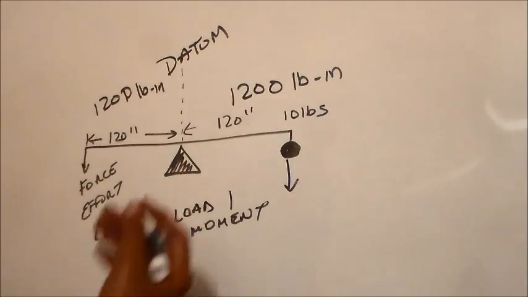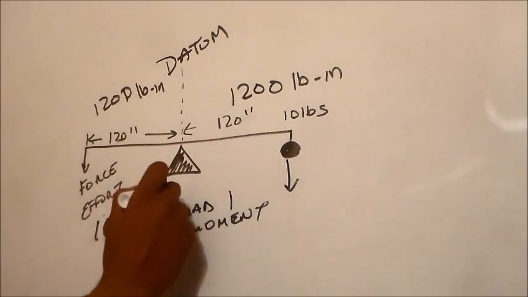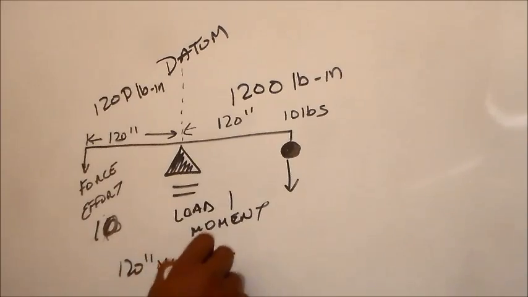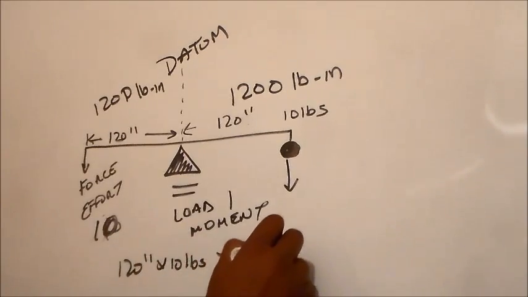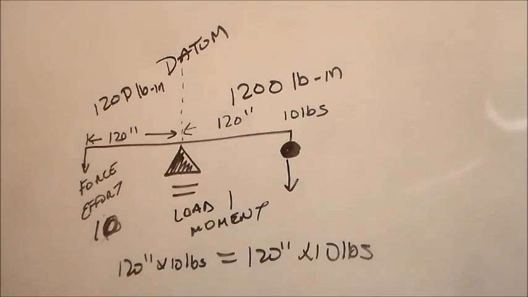Honestly, you could look at this like an equation. The fulcrum, just think of that as the equal sign. You have to ask yourself, does 120 inches times 10 pounds equal 120 inches times 10 pounds? If the answer is yes, then you have a perfectly balanced equation.